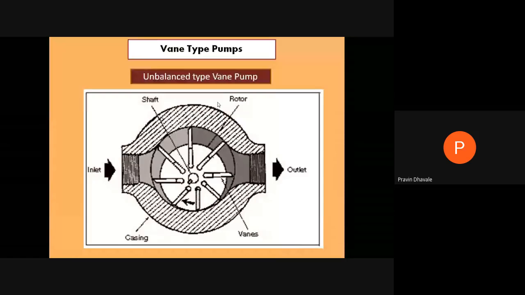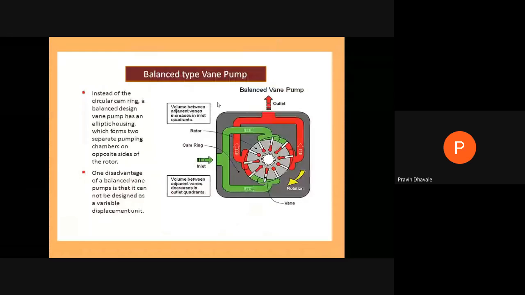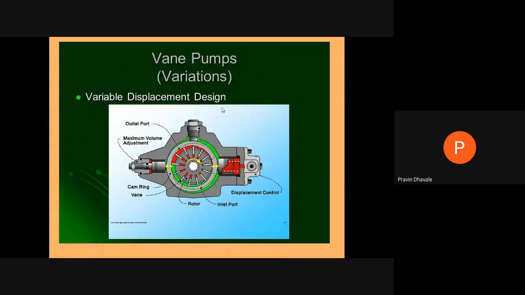But in certain applications, there will be a requirement of a variable displacement design, or variable displacement of the discharge. It means in certain cases there will be a requirement of a discharge from the pump which changes and has certain variation. For that purpose, in the pump design, they have made certain provisions.